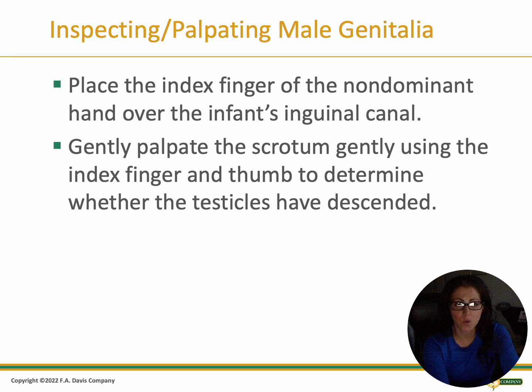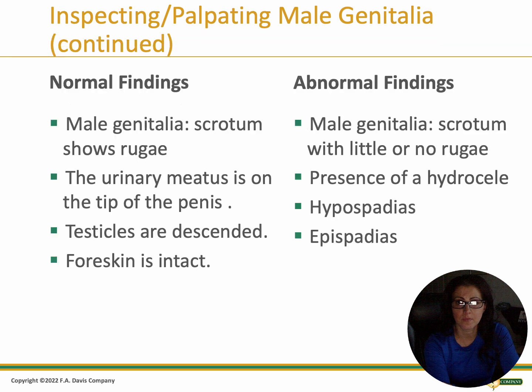Gently palpate the scrotum, gently using the index finger and thumb, and determine whether both testes have descended. And normal findings include scrotum has rugae, the urinary meatus is at the tip and not above or below, or not hypo or an epispadias, and both testicles are descended.